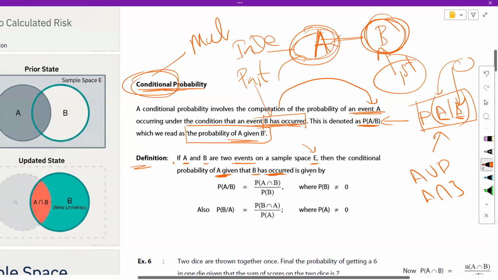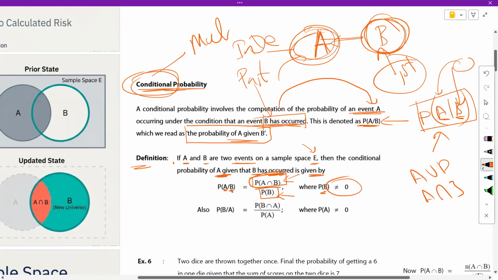How do we read probability of A given B, subject to B? How do we calculate it? First we have to take the intersection, the common area, divided by the probability of B. So this is the preceding event, and this is the following event. Note that probability of B should never be equal to 0.